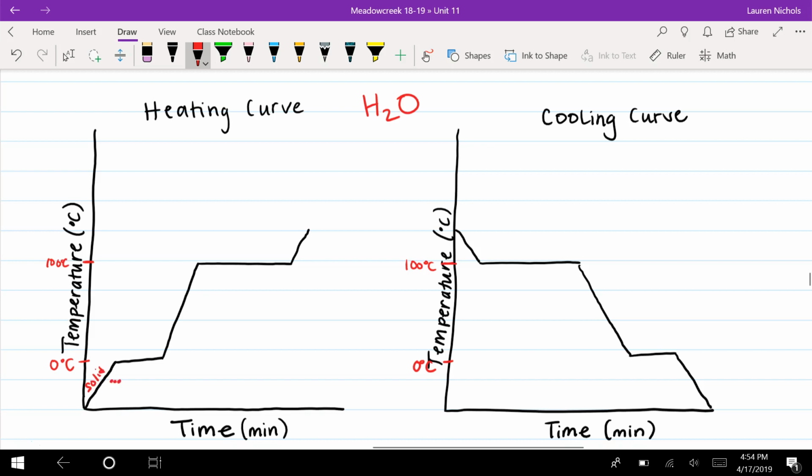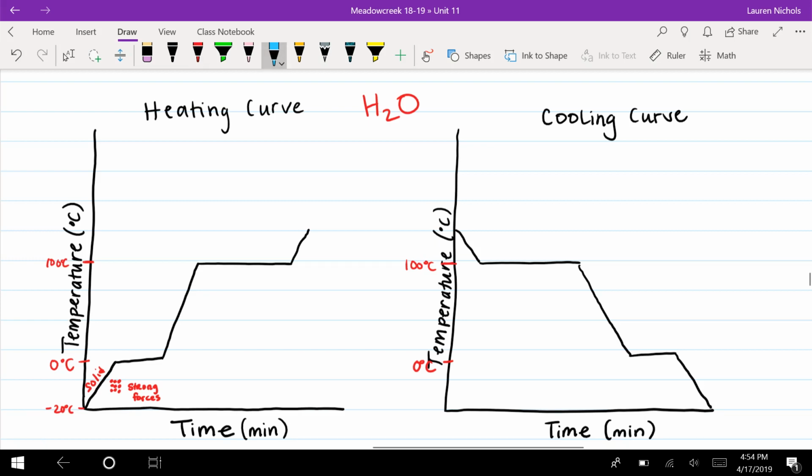Now remember, a solid is going to have molecules really close together, and they're going to have strong intermolecular forces. Now, as the solid begins to heat up, let's say this is negative 20 degrees Celsius, as it starts to increase its temperature, the molecules are going to speed up.